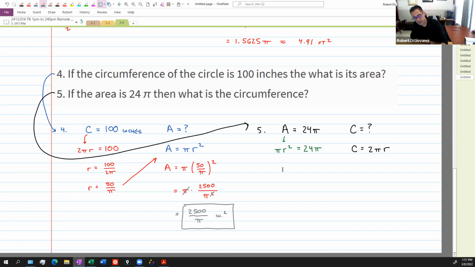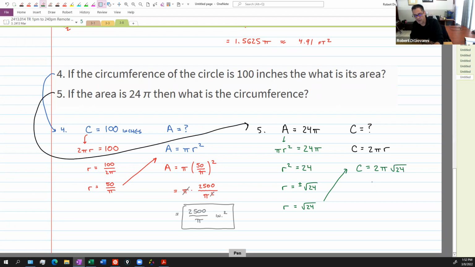And I can divide both sides by pi and get that. And then I could take the square root on both sides and get r is equal to plus or minus the square root of 24. And I will throw away the negative answer because my radius needs to be positive, right? A circle can't have a negative radius. So I have positive root 24. And that I can plug into this to get my circumference is 2 pi times the square root of 24. That was my radius. So I'll just leave it like that.